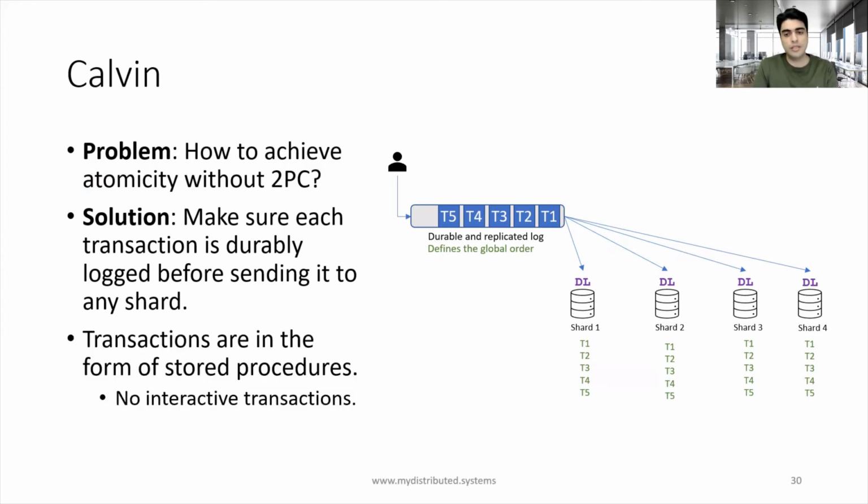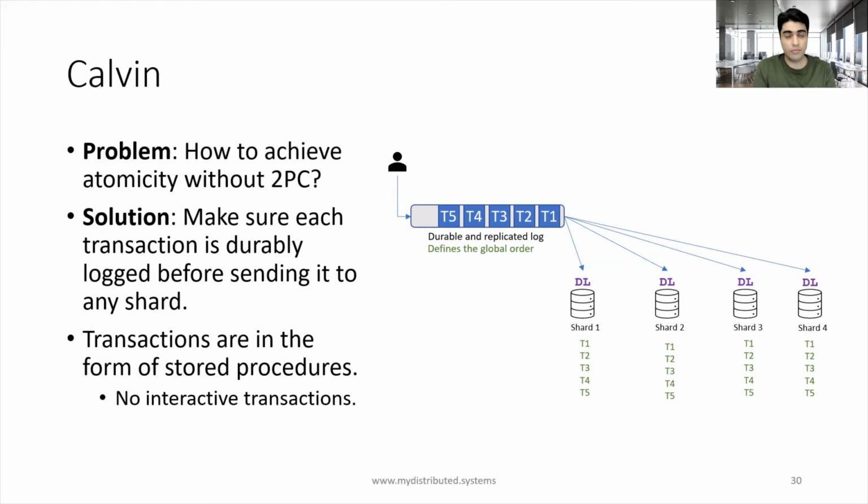So you can see that this idea requires that the transaction must be in the form of a stored procedure. So we cannot have interactive transactions where the client first reads something and then based on that writes something else, and basically has a conversation with the servers. We cannot do that in Calvin.